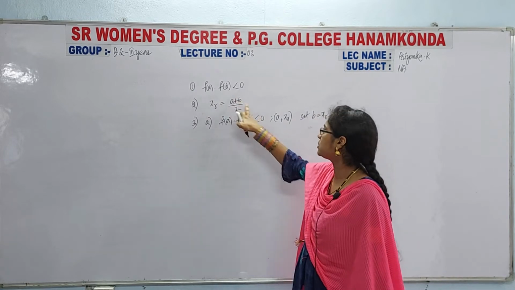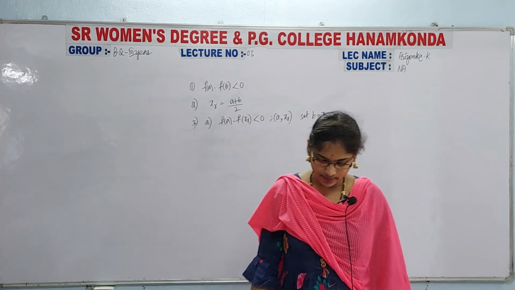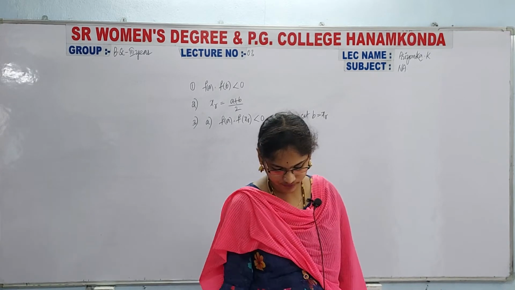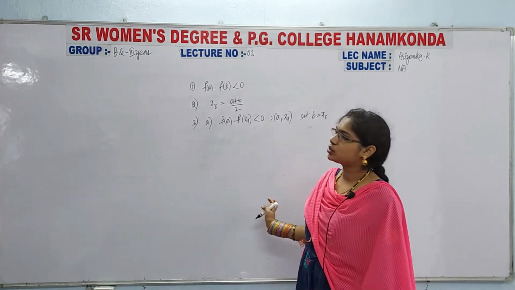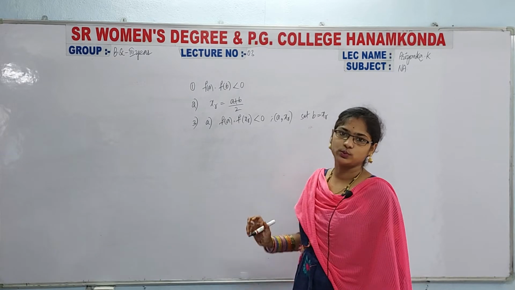That means we have to change the value of b here. Okay, b equal to xr, and go to step 2.